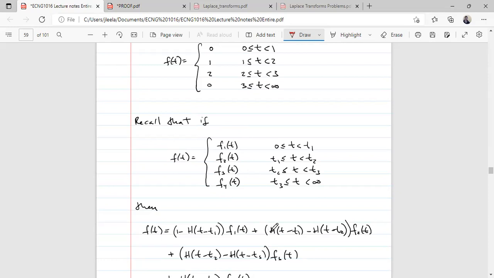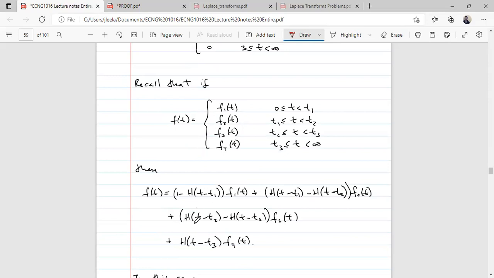And then you're adding that to the Heaviside at t minus t1 minus the Heaviside at t minus t2 multiplied by the function in that region, plus the Heaviside at t minus t2 minus the Heaviside at t minus t3 in that third region, the function multiplied by that. And then finally, you're adding it to the Heaviside at t minus t3 by the fourth region, the function within the fourth region, right?